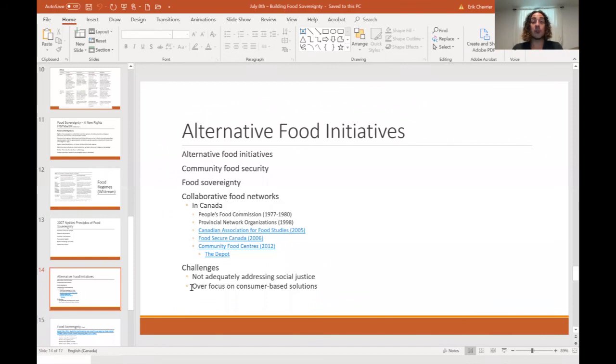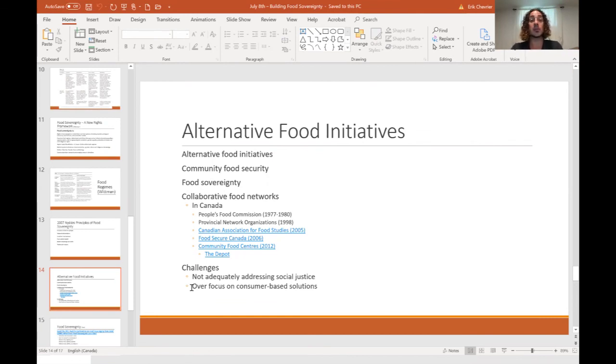Another challenge is that there's an over-focus on consumer-based solutions. Yes, alternative food initiatives are wonderful, but this idea of voting with our dollars is not always the way to address these large structural issues. Companies adapt, and they provide these charity-based approaches to make themselves look really good. And it's very difficult sometimes to see which companies are actually beneficial for our food environments or local environments and which ones aren't.